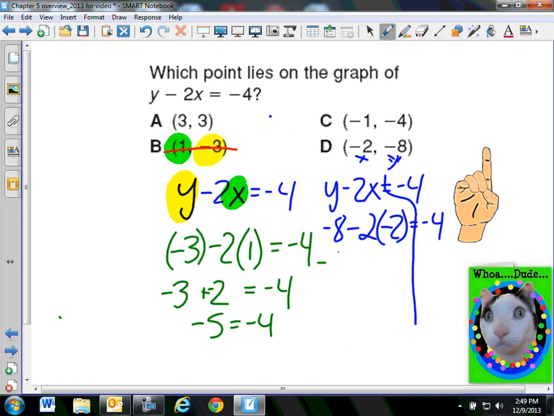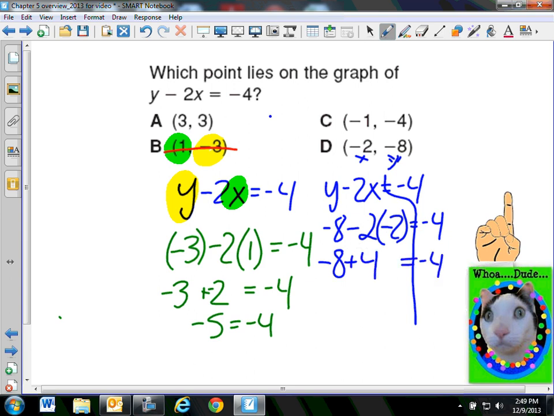Okay, we got negative 8. Let me keep it in blue. Negative 8. Here we have negative 2 times negative 2. That's positive 4. Then we have negative 8 plus 4. Negative 4 equals negative 4.